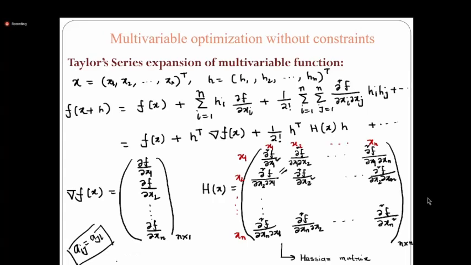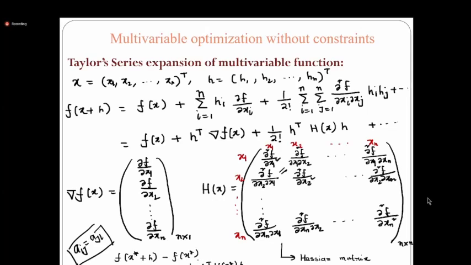So now, basically, we are trying to find out the sign of f of x star plus h minus f of x star, and that is ultimately coming as 1 by 2 factorial h transpose, the Hessian matrix at that point x star, into h. Now, what I mentioned to you is that this is a quadratic form.